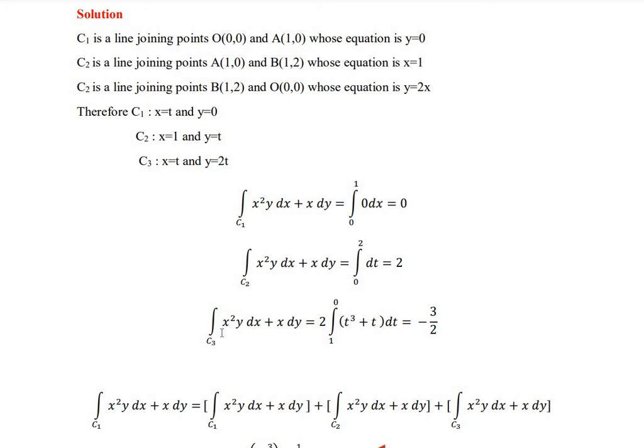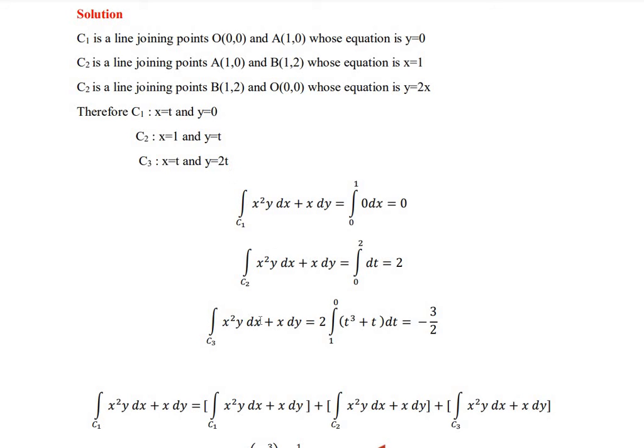Next one, integral over c3 of x squared y dx plus x dy. So that's equal to, you can write it as x is equal to t and y is equal to 2t. And we can find out that the variation of t is from 1 to 0, and also dx is equal to dt, and dy is equal to 2 dt.